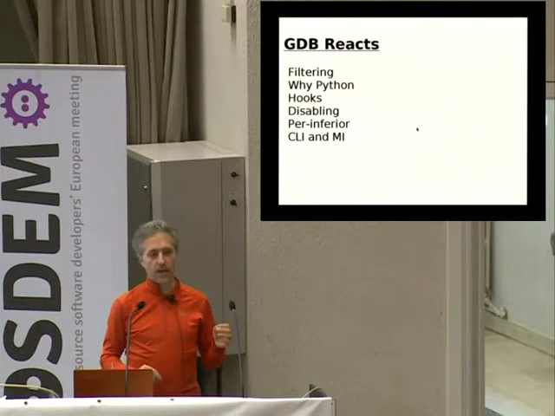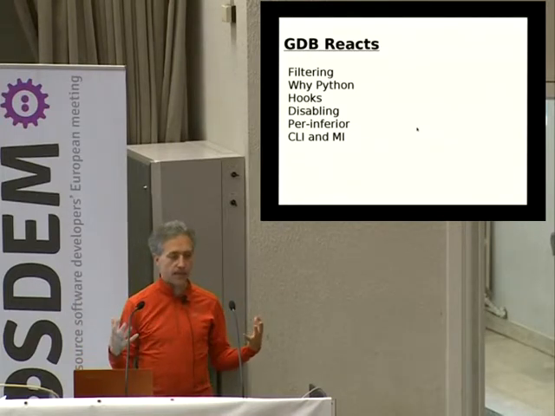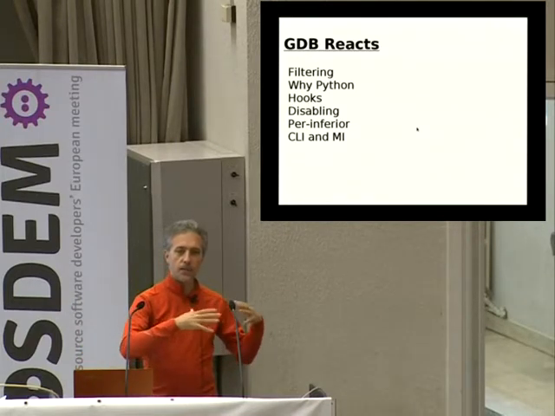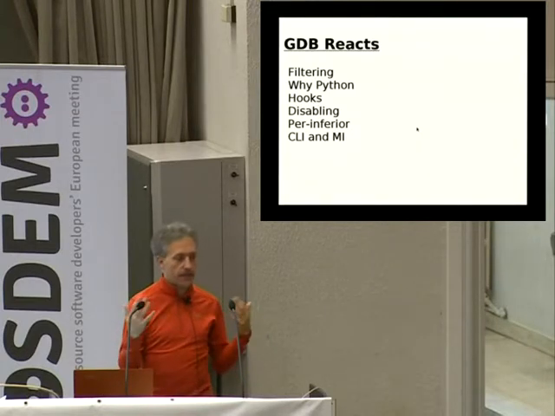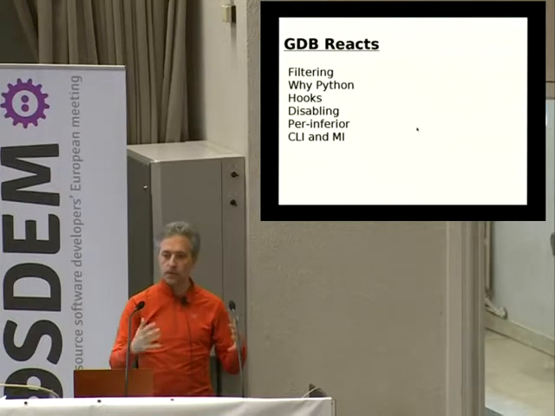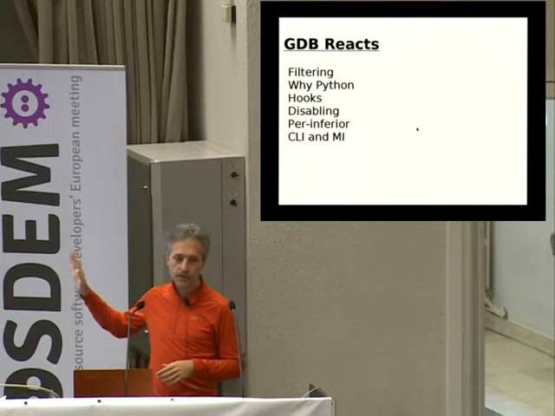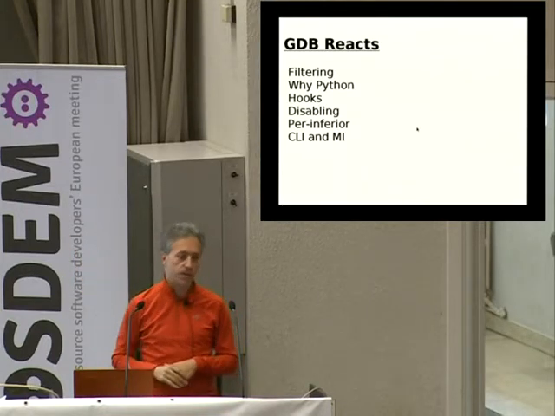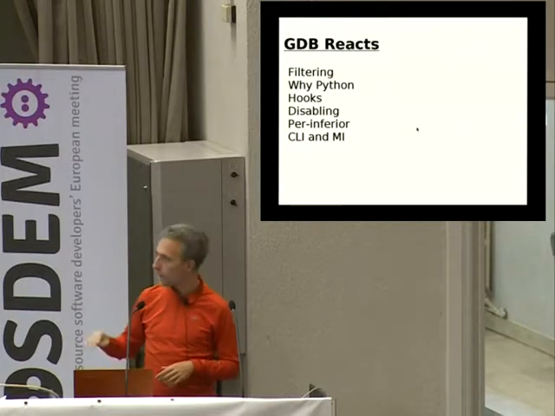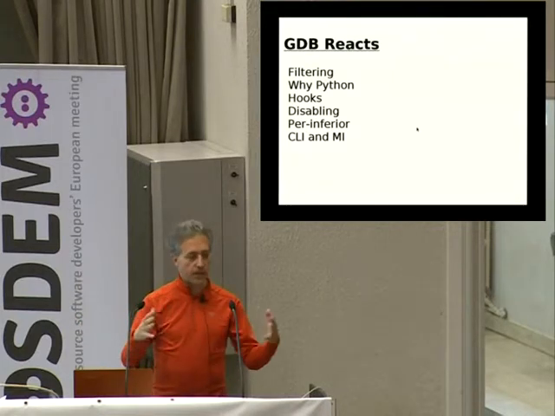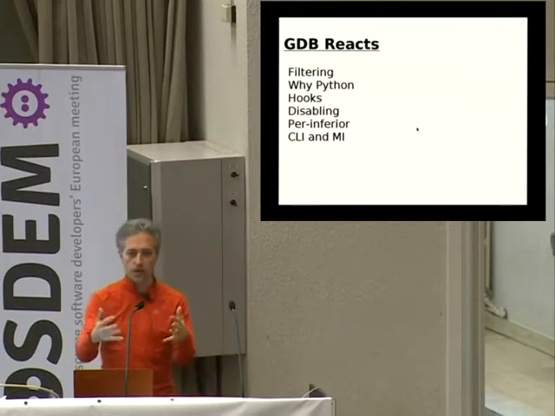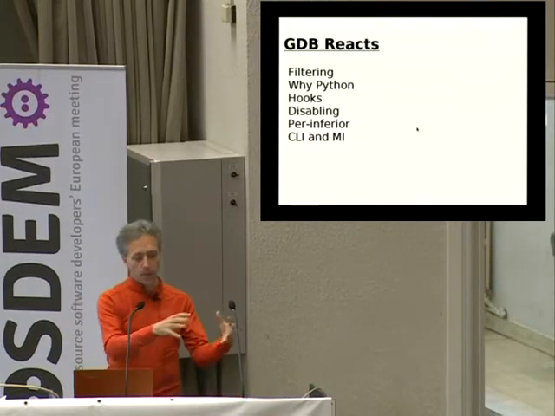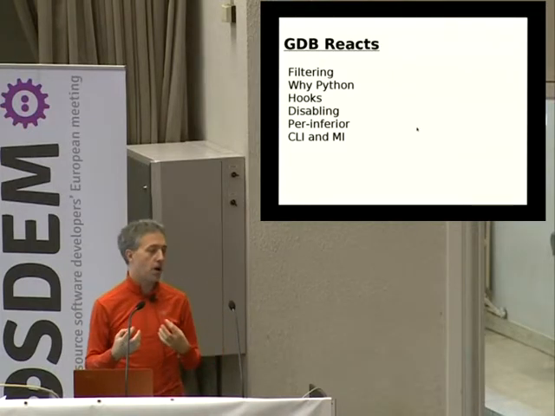Hooks, what that's about is we set things up so that Python code is associated with your application. An application is kind of a vague word. It could be associated with a shared library. So for instance, we have things that are associated just with libstdc++. So when you start debugging your application or when that application loads a shared library, the appropriate pieces of Python code get pulled in automatically.